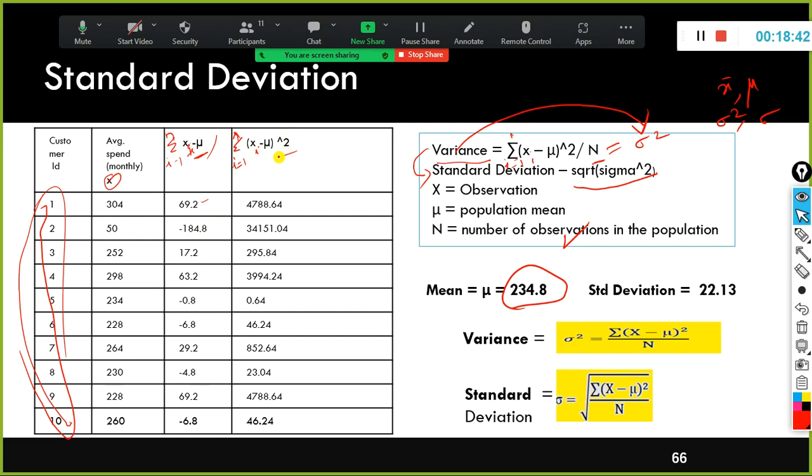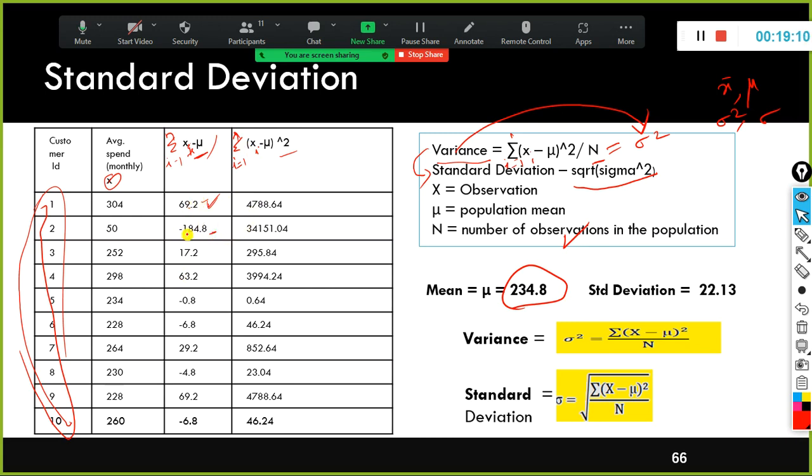Not square root, I'm squaring the value of each and every value. Why do I have to do this? Because here I have a negative value, right? So when I add all these values as they are, the positive and negative values will get subtracted. I don't want that to happen. If this gets subtracted, I will not be able to know the exact variance.